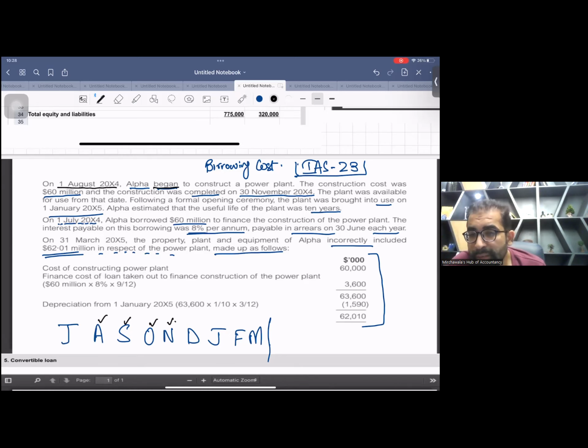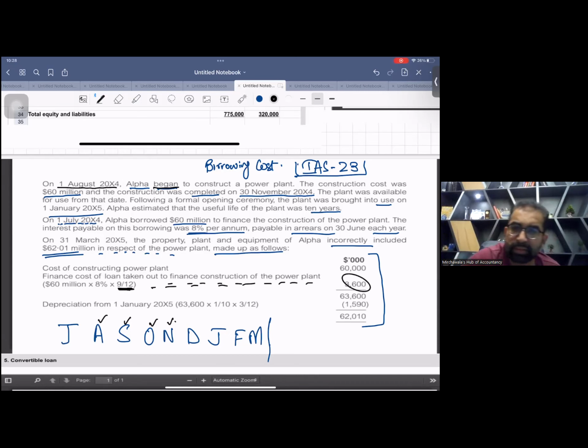Now, see what this person has done. Finance cost of the loan, he capitalized 9 months interest. So this is the biggest mistake. This number is wrong, this 3600 is wrong.